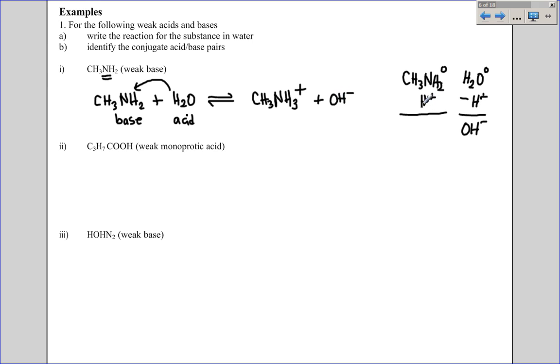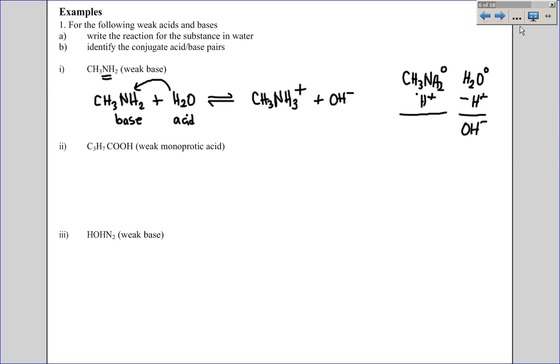One way to check your work is by making sure that the charge before and after the reaction is the same. We started with 2 molecules, so the charge before the reaction was 0. In our products, we have 1 species with a positive charge and 1 with a negative charge, so again we've maintained our charge of 0.